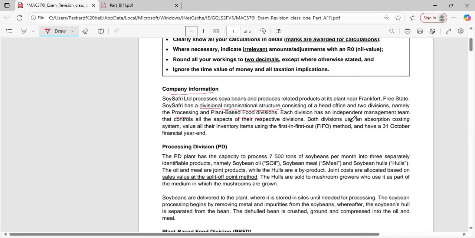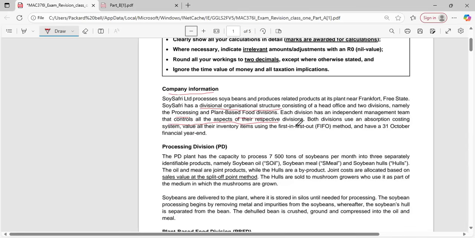Each division is an independent management that controls all the aspects of their respective division. Here, if they bring in performance management topic questions, then you know you are dealing with controllable cost, controllable investment. So what I would advise you is to understand the costing principles, so that when you are reading a question, you can relate each and every item that you come across to a specific principle.